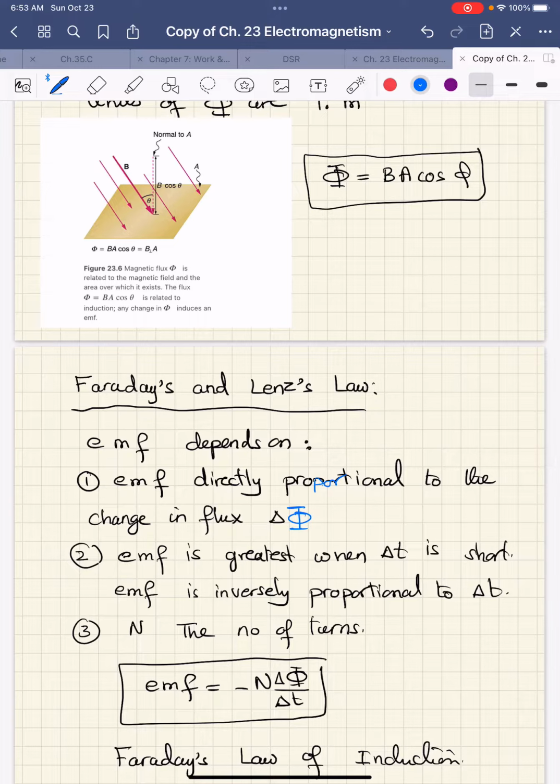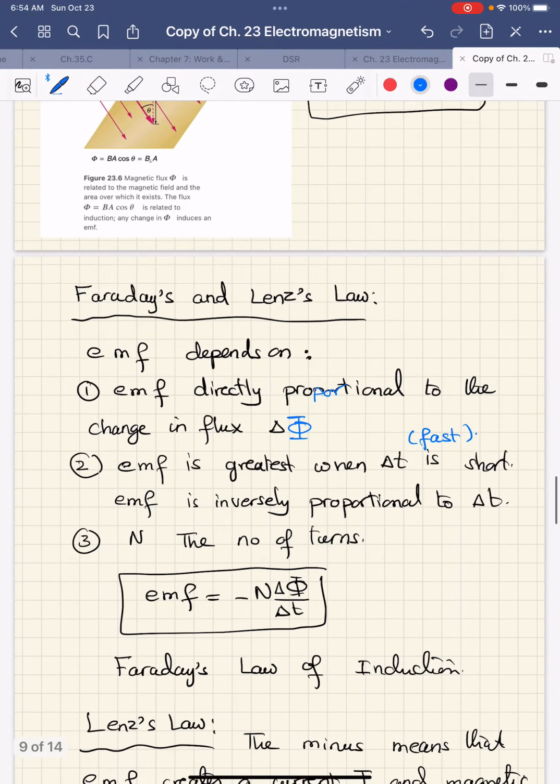EMF is greatest when delta T is short, which means you are making this change fast. EMF is inversely proportional to delta T, and directly proportional to the number of turns.